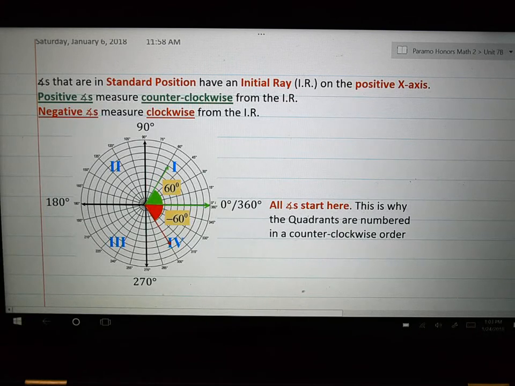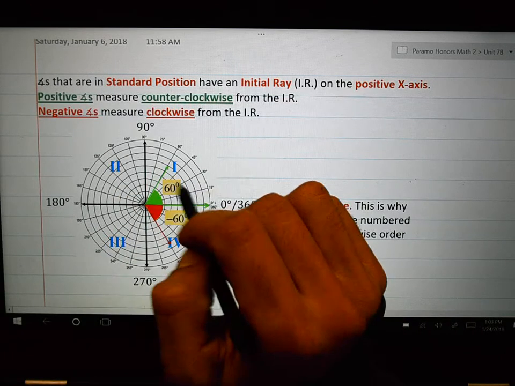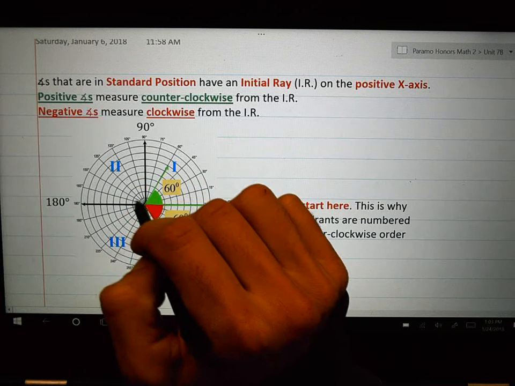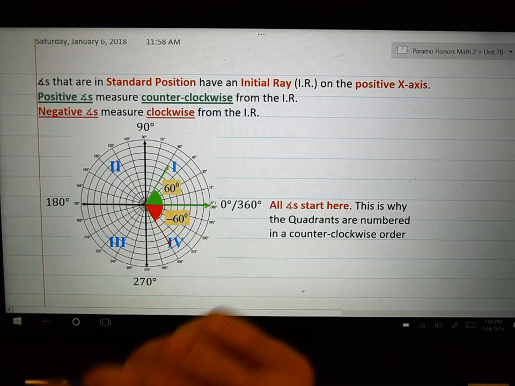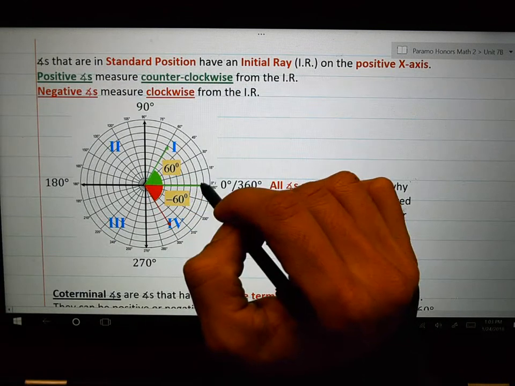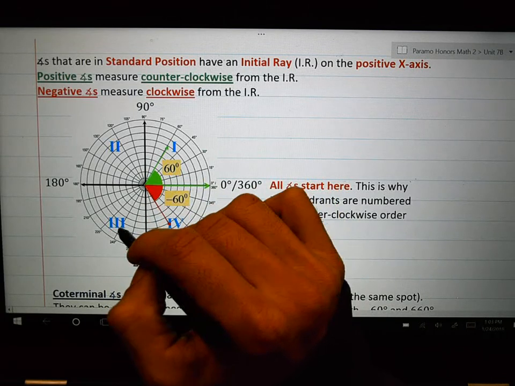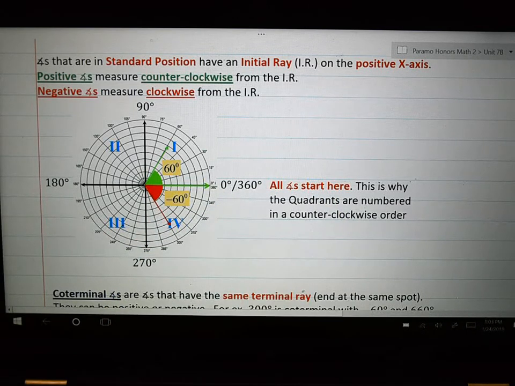And so, for example, I have 60 and negative 60, but easily I could tell that 120 degrees positively would put me right about here. And that would put me in quadrant 2. Whereas a negative 120 degrees would put me right here in quadrant 3. That's important.